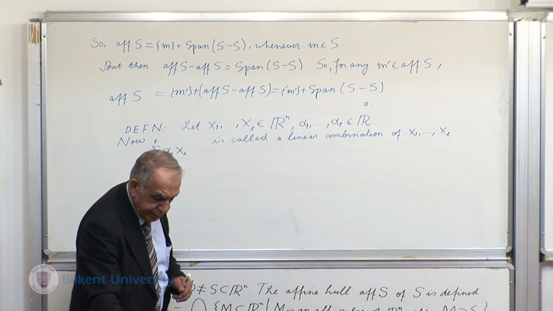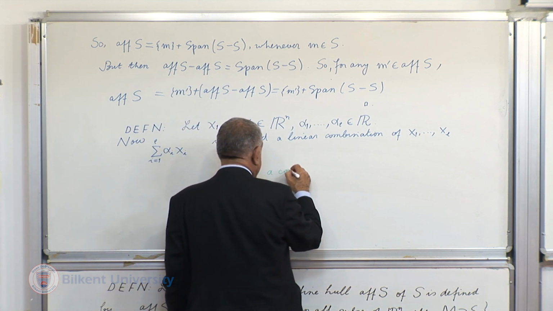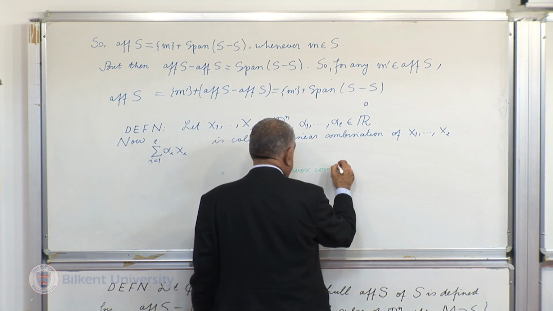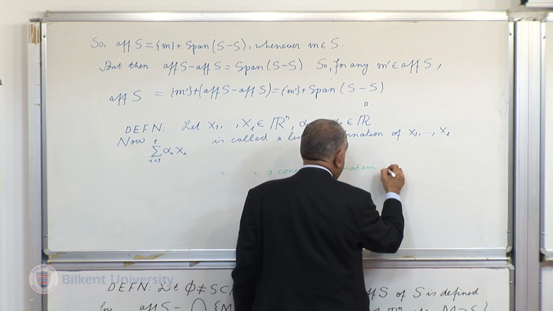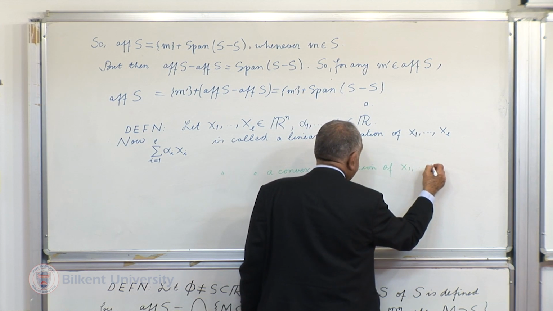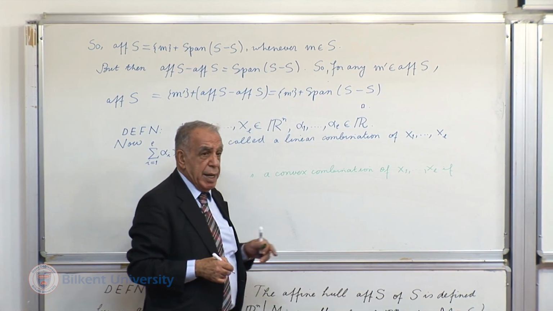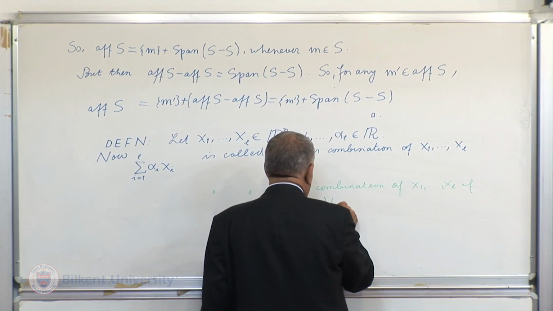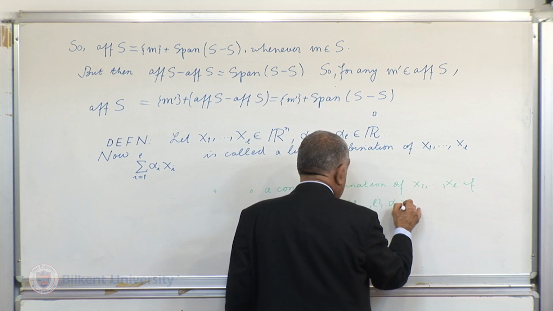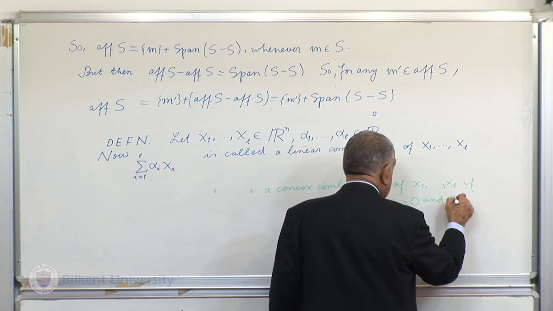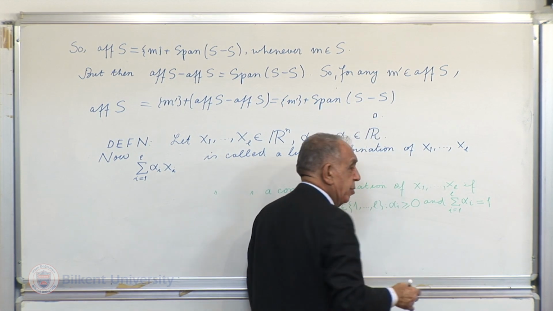This is called a convex combination of x1 to xl if, in addition to these being n vectors and these being real numbers, we have for all i in 1 to l, alpha i should be non-negative, and the sum of the alpha i's, i from 1 to l, should be 1.